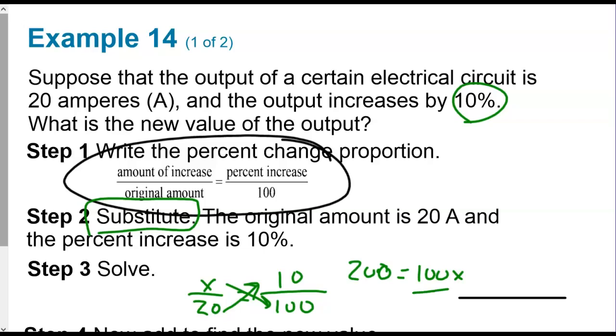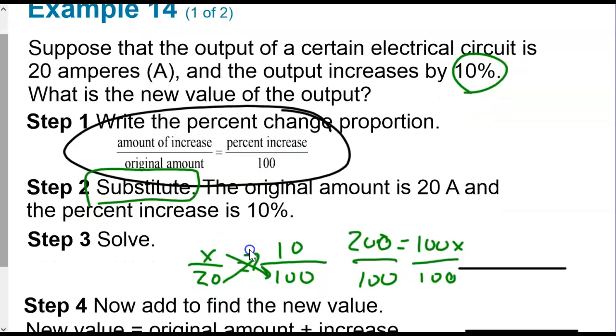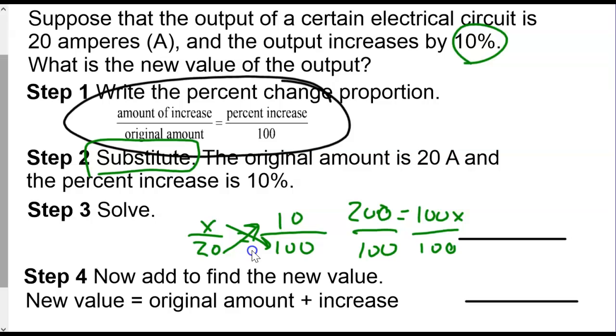Divide that out, solving the problem, and we see that 2 is the amount of increase, so that's our amperage increase.